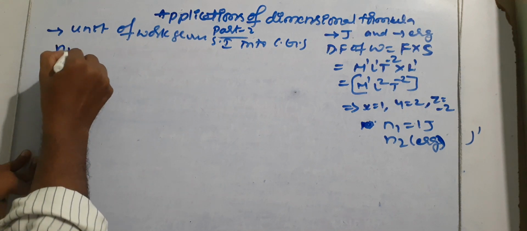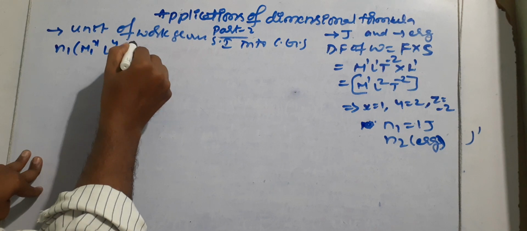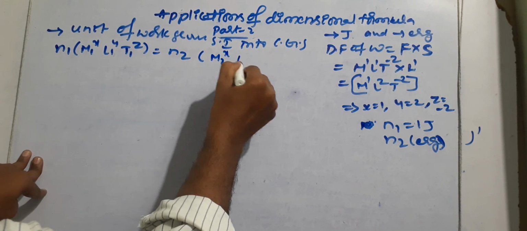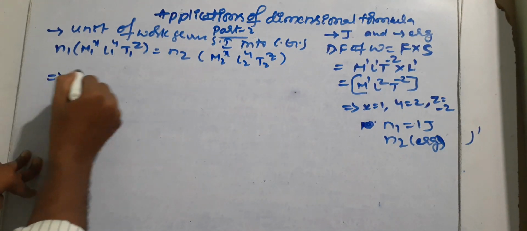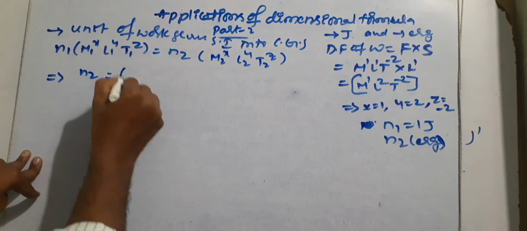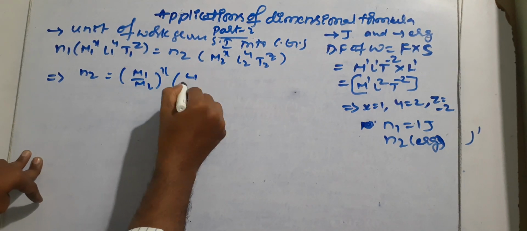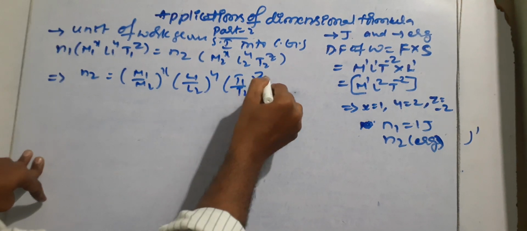We know that N1 of M1 power X, L1 power Y, T1 power Z is equal to N2 of M2 power X, L2 power Y, T2 power Z. So this implies N2 is equal to N1 of M1 by M2 whole power X, L1 by L2 whole power Y, T1 by T2 whole power Z.